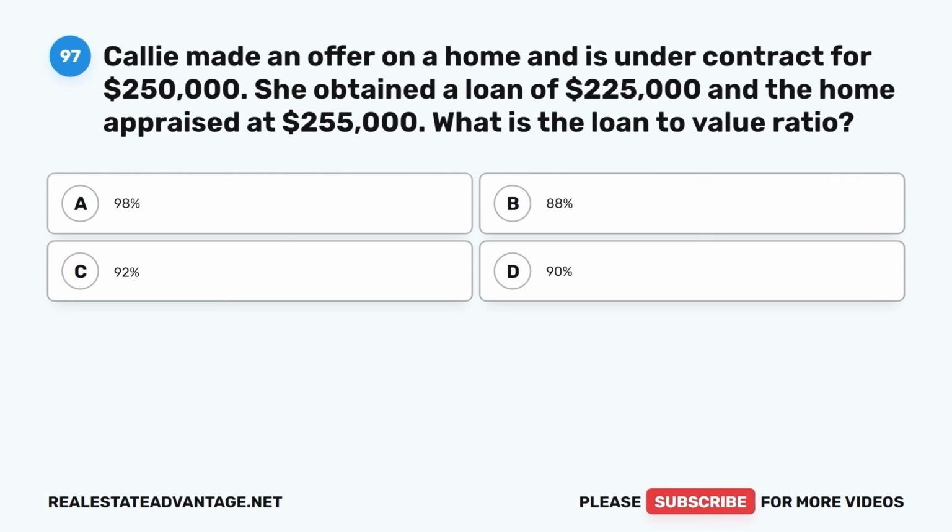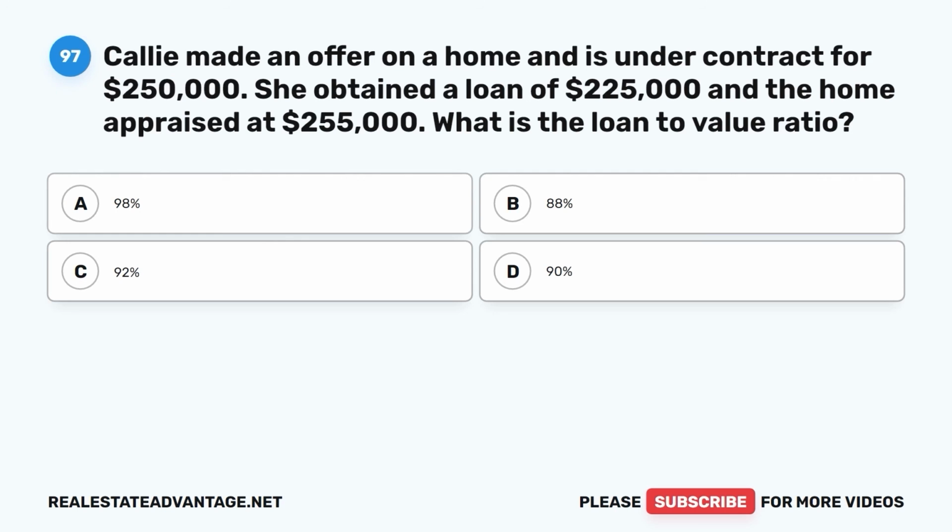Question 97. Callie made an offer on a home and is under contract for $250,000. She obtained a loan of $225,000 and the home appraised at $255,000. What is the loan-to-value ratio? A. 98%. B. 88%. C. 92%. D. 90%.